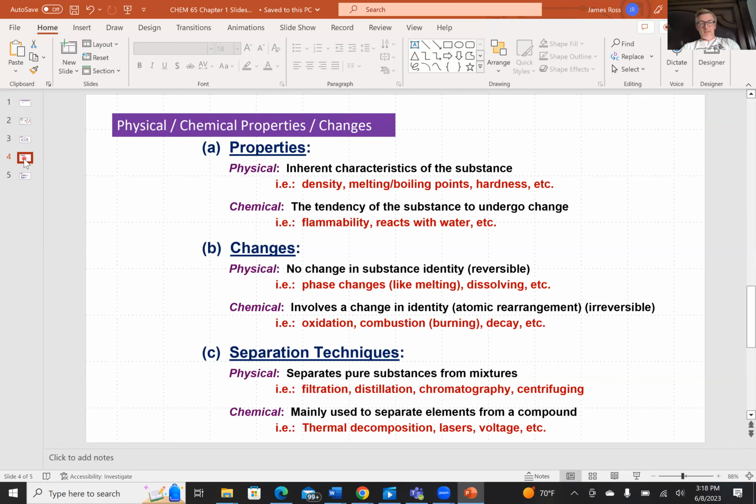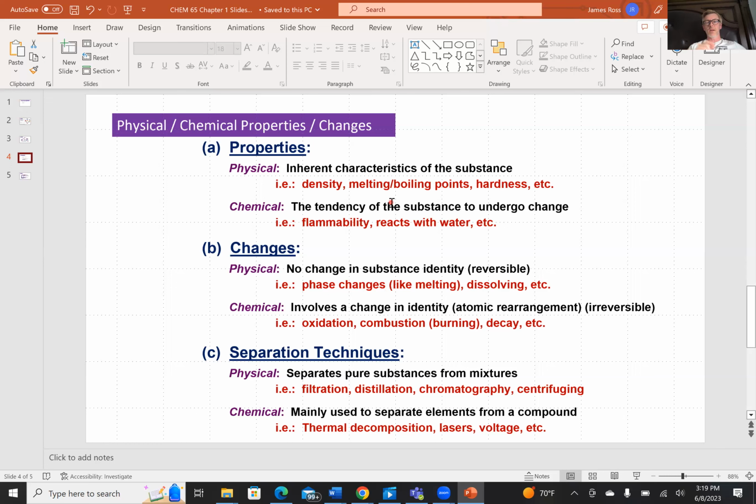Properties. There are flavors of properties of matter. We've categorized them here as physical and chemical. Physical properties are inherent characteristics of a substance. Examples given are density, melting and boiling points, and hardness. You can think of these as properties that you could measure without permanently damaging the matter itself.